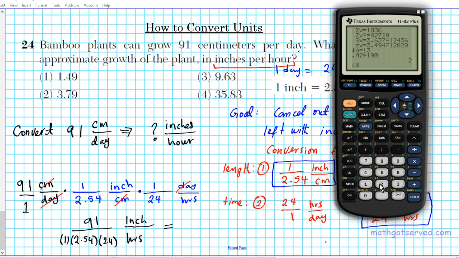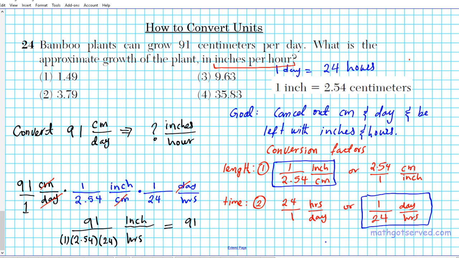Okay, so let's do the denominator first. 2.54 times 24. You don't have to put the 1 there because it's a multiplicative identity. It doesn't impact the product. Okay, so 2.54 times 24 is 60.96.